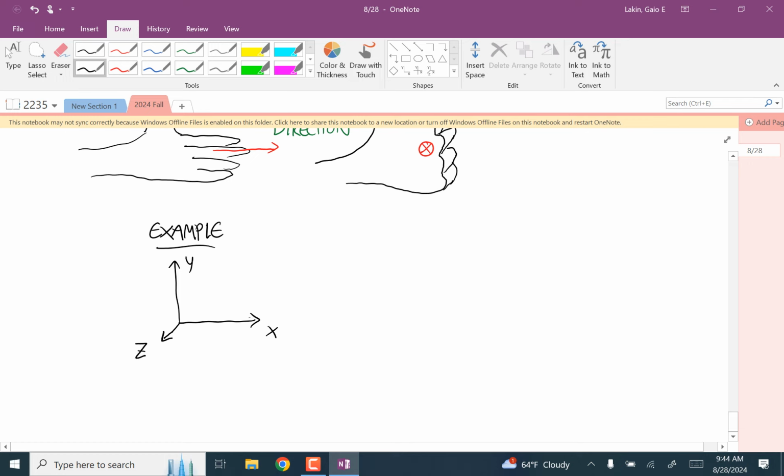Well, then notice that according to the right-hand rule, the Z-axis always has to be the cross product of X cross Y, or I cross J, because in order to have your fingers curl from X to Y, your thumb has to be pointing out of the board in the Z direction.